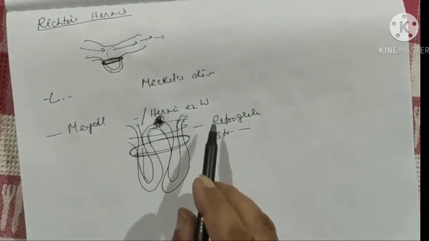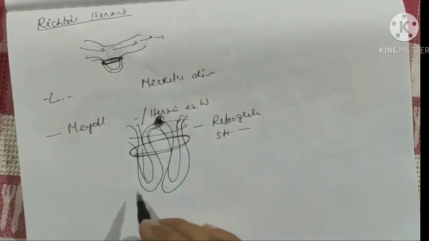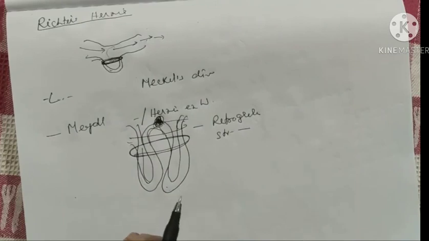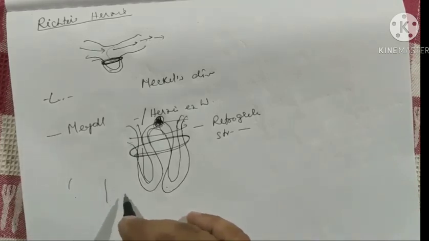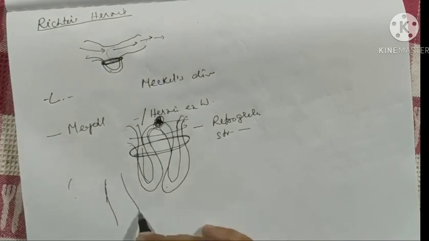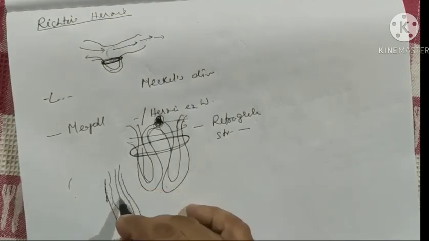Sometimes there may be a gliding hernia. Suppose this is the hernial sac, and there are contents in it.